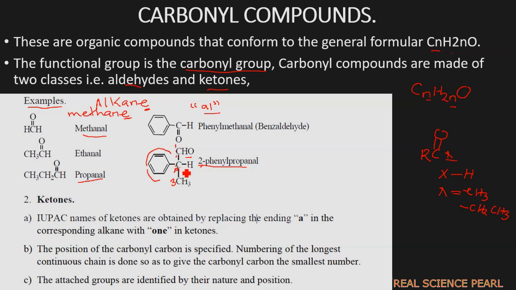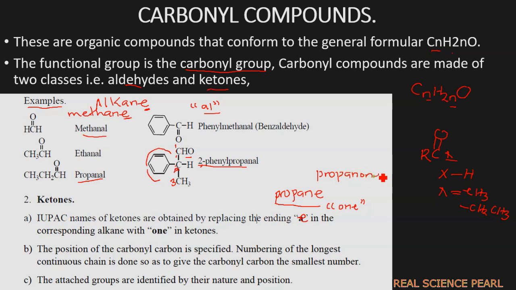Now the same principle is followed when you are naming ketones. For example, if we have a ketone from propane, that is any alkane, we are replacing the last E, not A, with ONE, so that where we had propane, it would become propanone, like that.